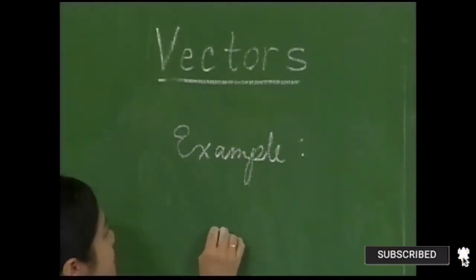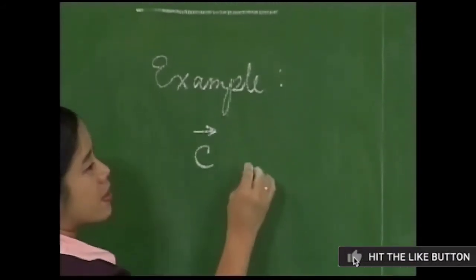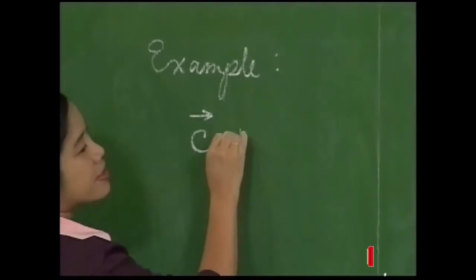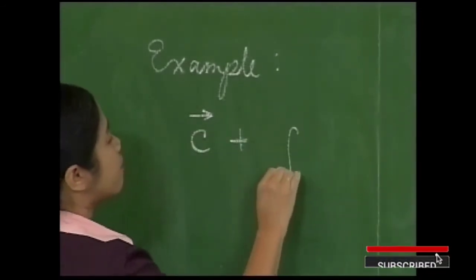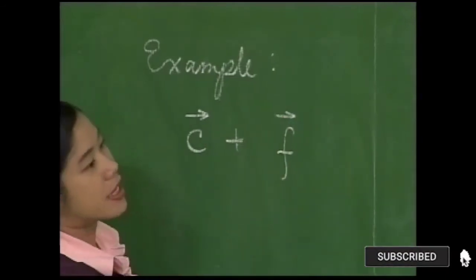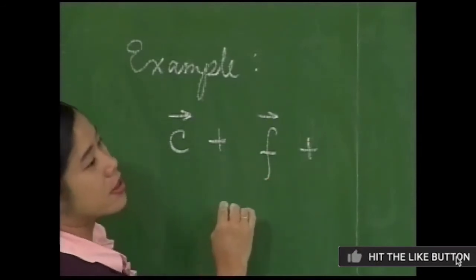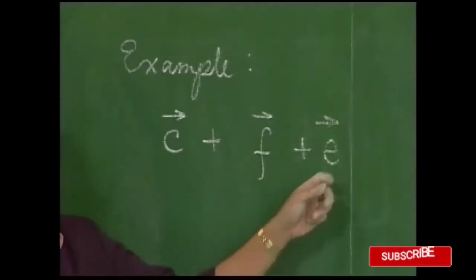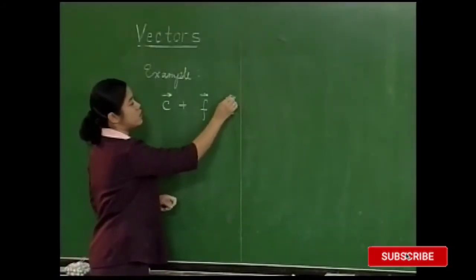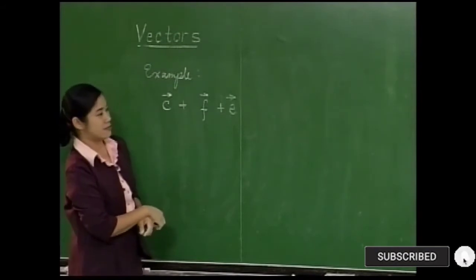Say, let's add vector C plus vector F. What else? Plus vector E. Now, if you are asked to find the resultant vector, what would you do? Again, we use the tail to tip method.